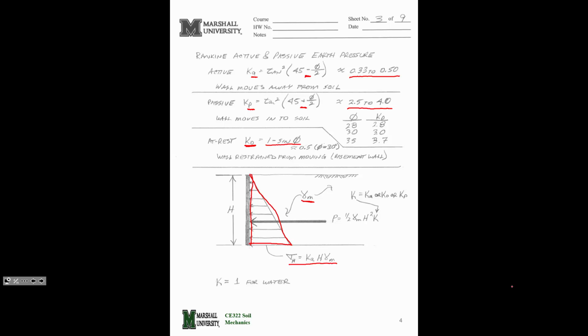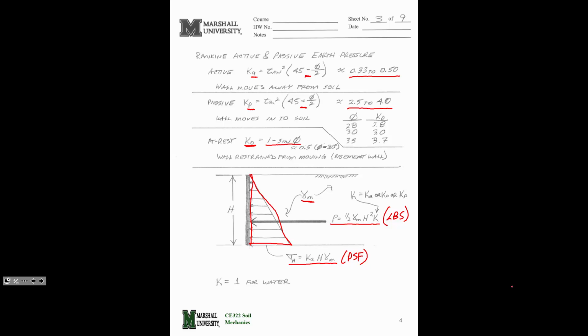K sub A times the height of the wall times the unit weight of the soil gives me that horizontal pressure, in PSF here. That's the horizontal pressure at the base of the wall, and that pressure decreases as you come up in height because H gets smaller and the pressure gets smaller. This P value is a force, in pounds.